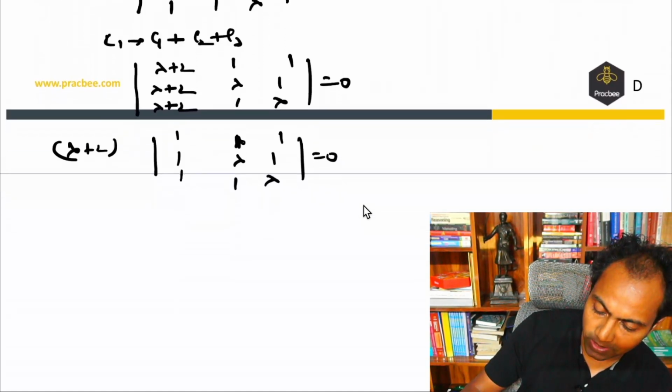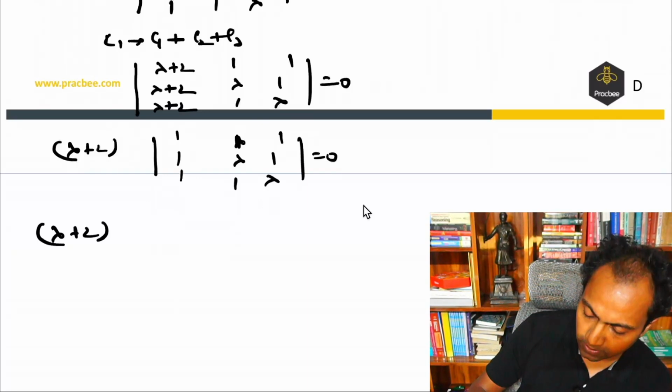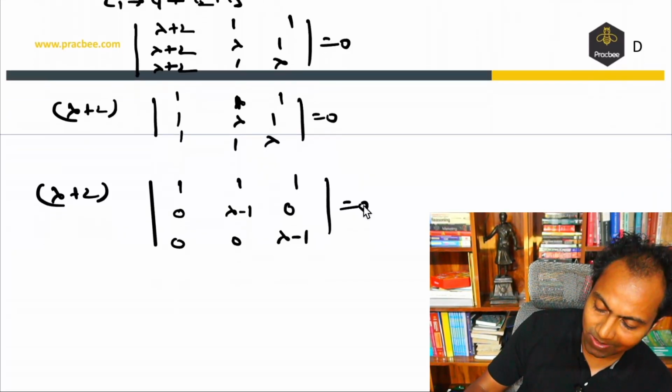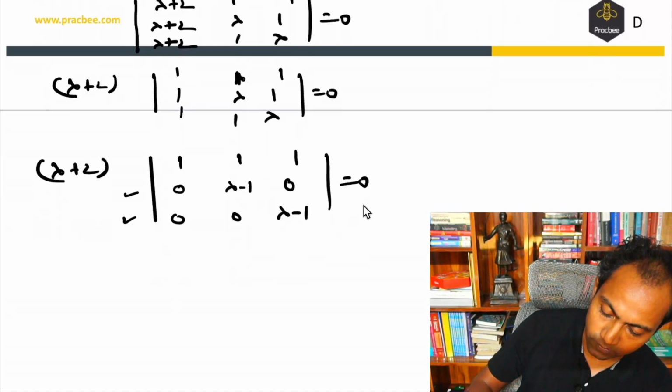Now in the next part, in order to solve it, let us subtract row 1 from the remaining two rows. So this is 1, 1, 1. We are subtracting from row 2. So 0, lambda minus 1, 0, 0, 0, lambda minus 1. Now you can again see that lambda minus 1 will come common from these two rows.